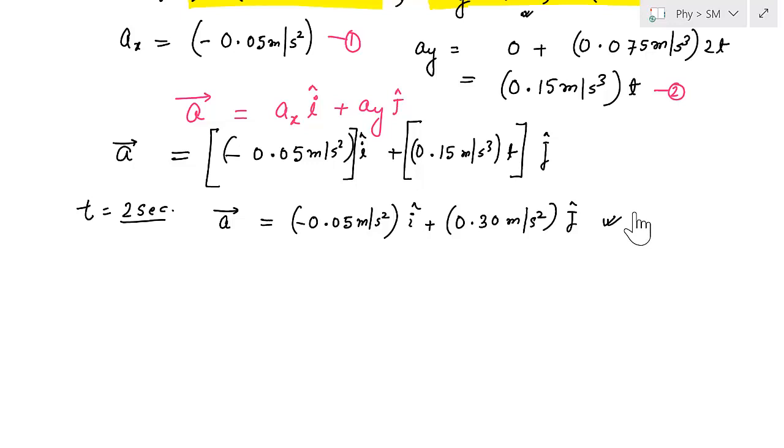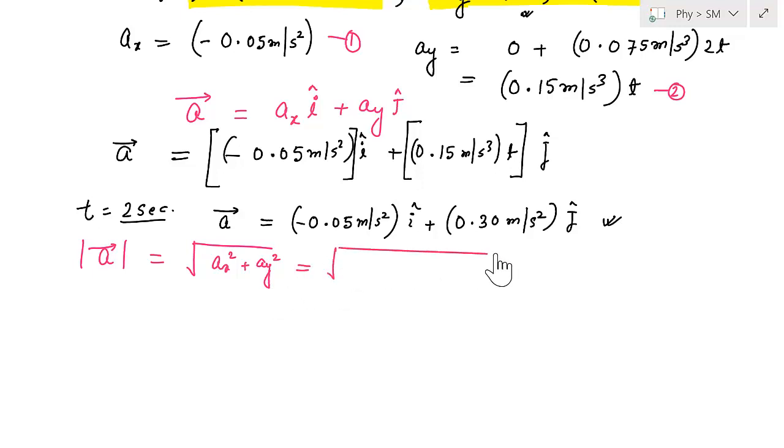Now the instantaneous acceleration vector has two things: one is magnitude, another is direction. So basically we can find both magnitude as well as direction. If you remember, the magnitude of acceleration is simply the square root of ax square plus ay square.